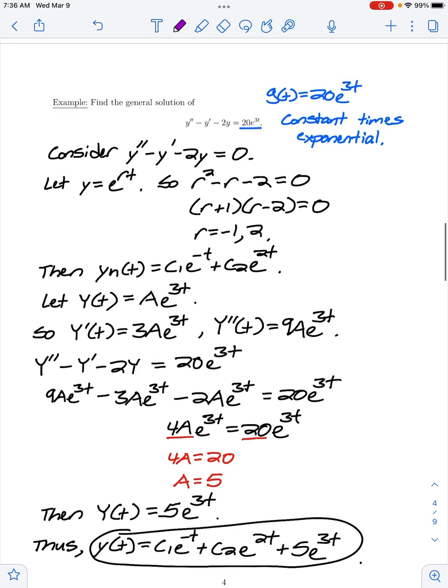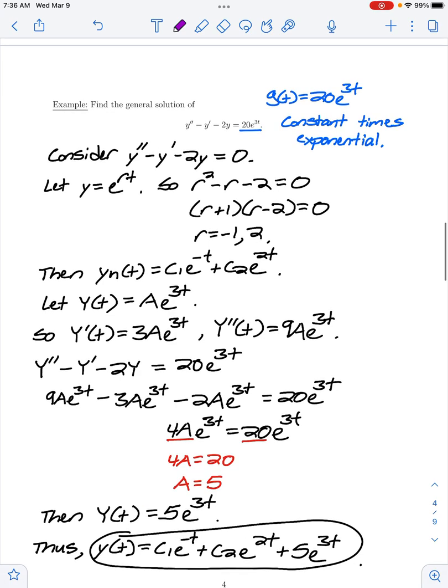So considering a slightly different g of t function, let's say that g of t was of the form 20 times t e to the 3t.